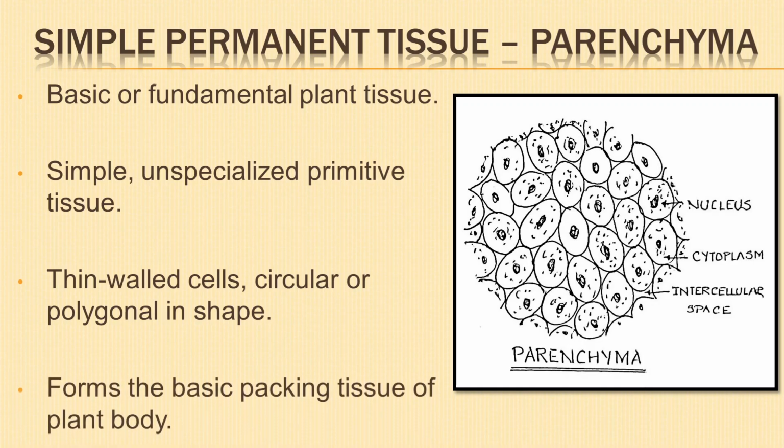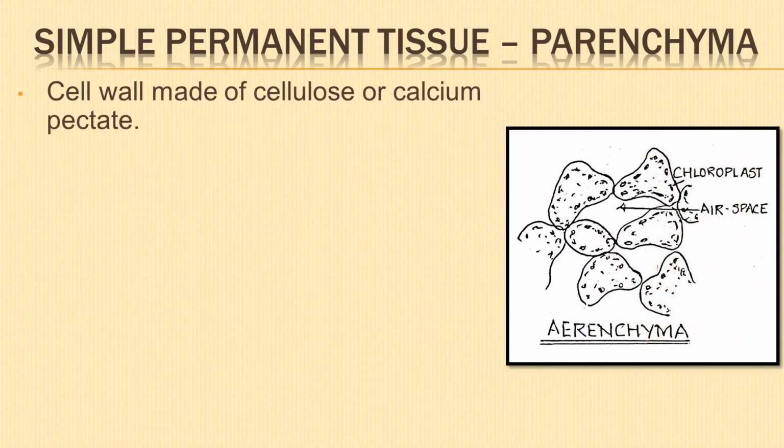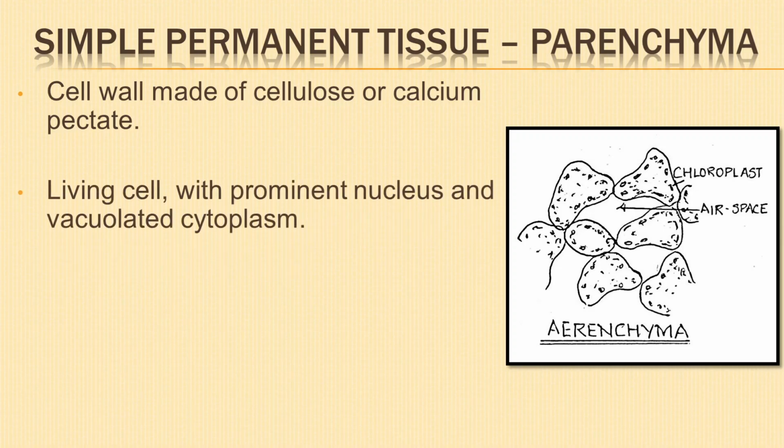Parenchyma forms the base packing tissue of plant body. The cell wall is made up of cellulose or calcium pectate. They are living and each cell has a prominent nucleus and vacuolate cytoplasm. Intercellular spaces are present between the cells of this tissue.